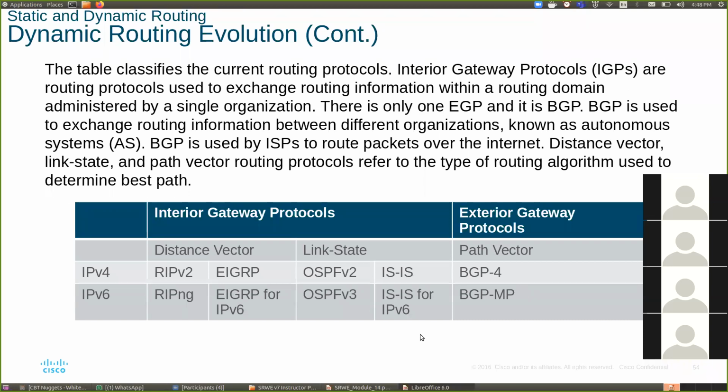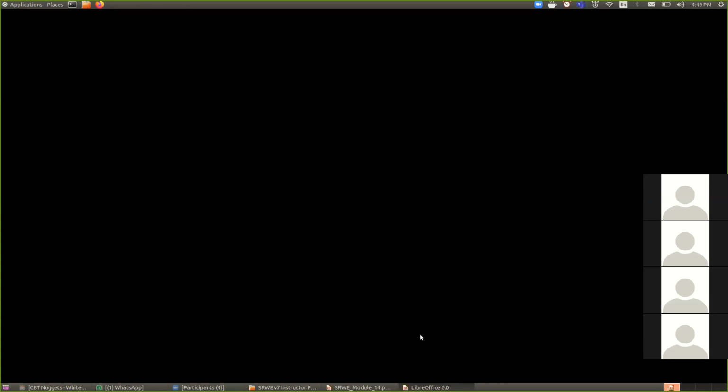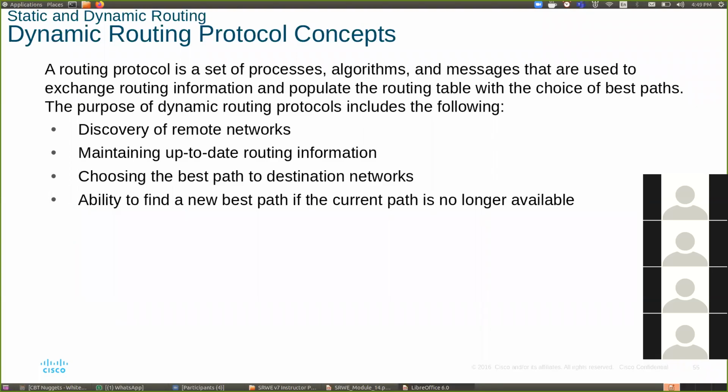BGP is meant for interconnection of different networks in different administrative domains. Dynamic routing protocol concepts: it dynamically discovers remote networks, like I said. It maintains up-to-date routing information. It also chooses the best path.